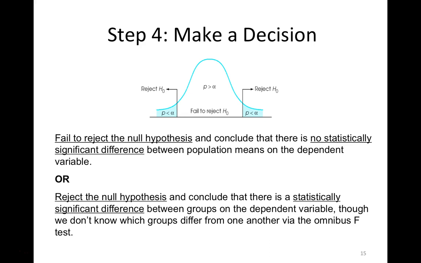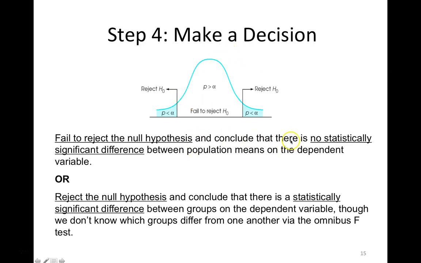And then again, in step 4, we'll make a decision about whether or not we reject the null hypothesis or fail to reject the null hypothesis. And so when we fail to reject the null hypothesis, again, this is the space here in a distribution. This is the normal distribution for description purposes only.